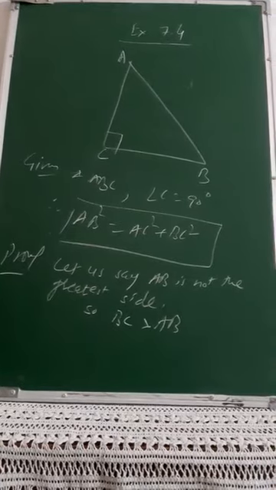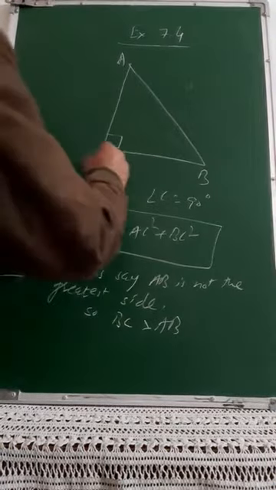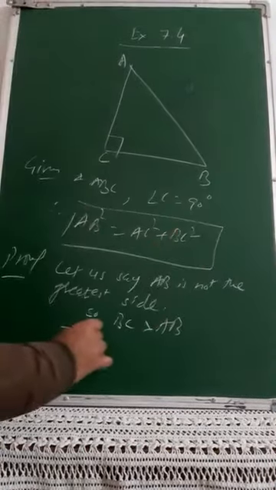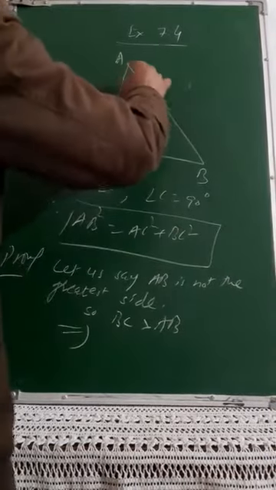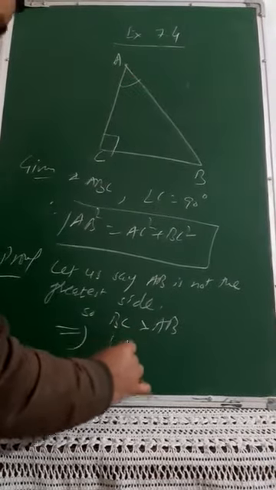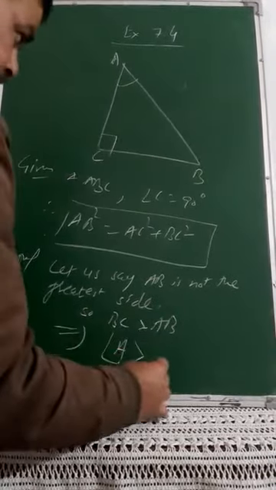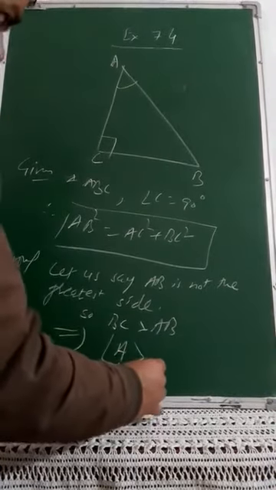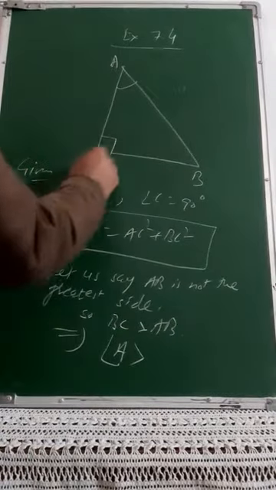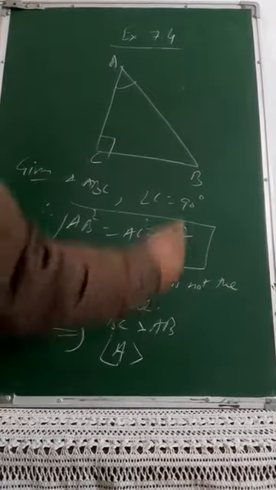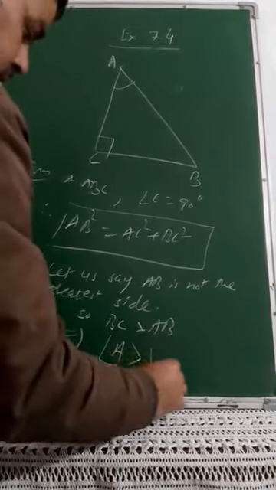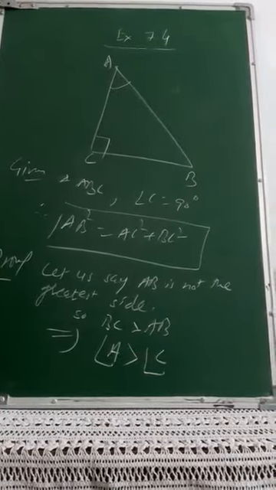If BC is greater than AB, this implies the angle opposite to BC, angle A, will be greater than angle C, because I am comparing BC with AB, and opposite to AB there is angle C. Do you agree with me?